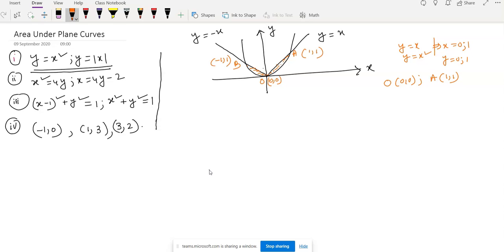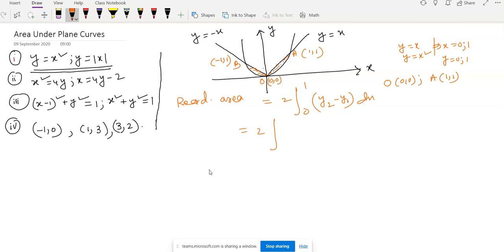As it is symmetric about the y-axis, the required area is going to be 2 into the integral from 0 to 1. The upper curve is the straight line, y2, and the lower one is y1, so y2 minus y1 dx.